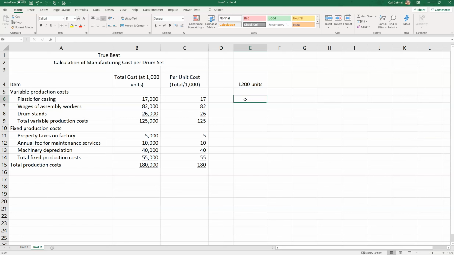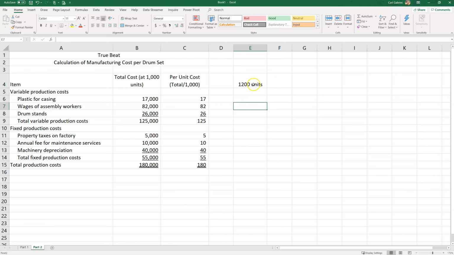All right, so we have 1,200 units. What we could do is say this is going to equal this times, well, that's not a number, so let's put it here. Oops. Hold on a second, let me back up.